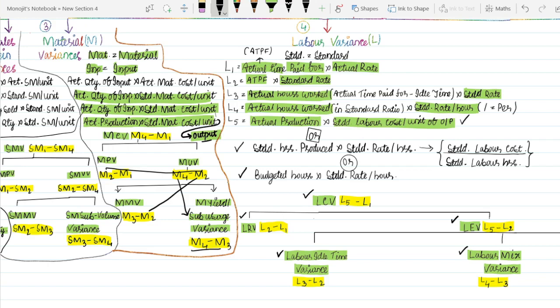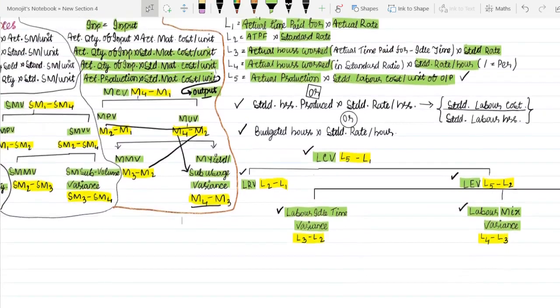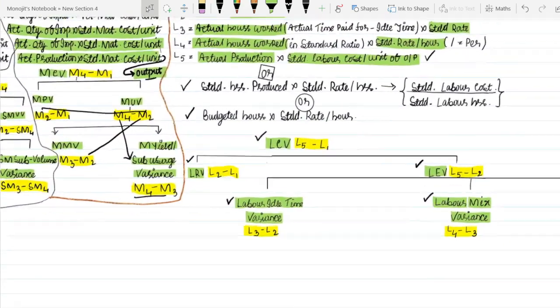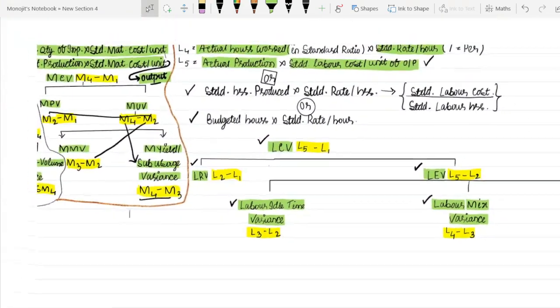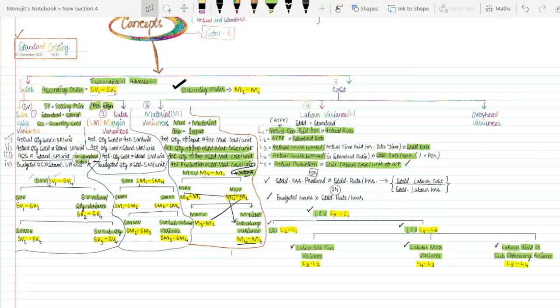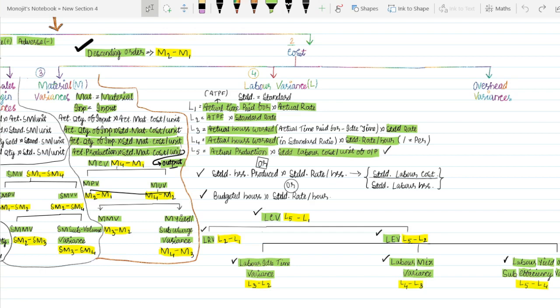So in case of cost, the basic trick to remember the formula is descending order.